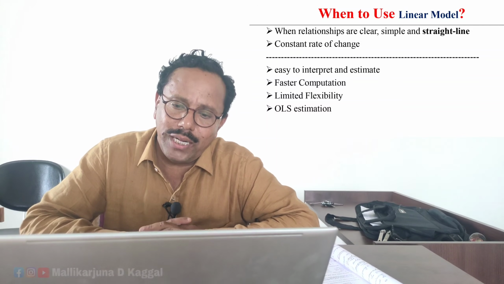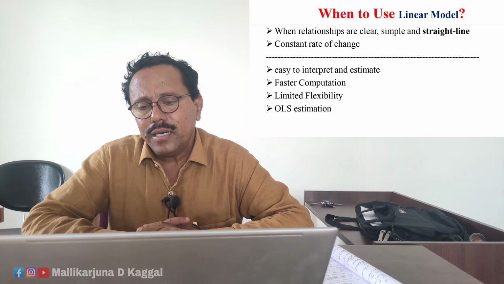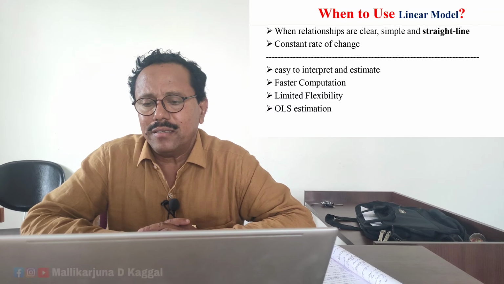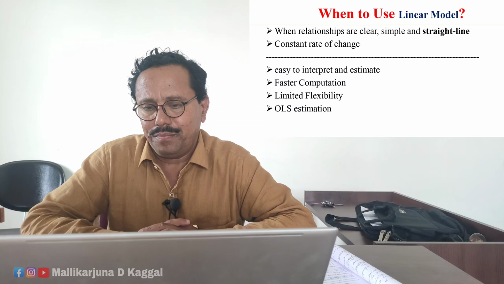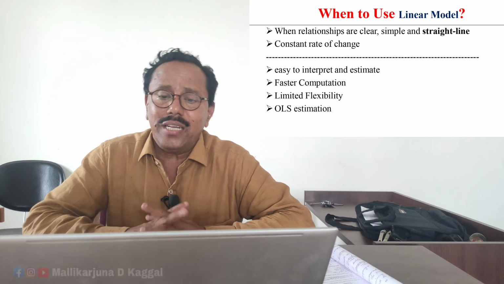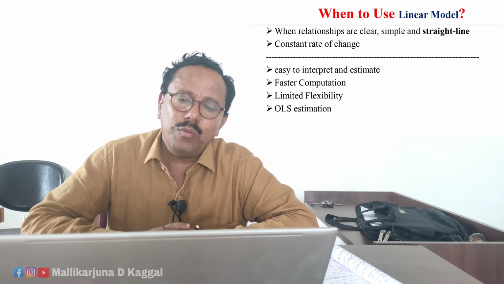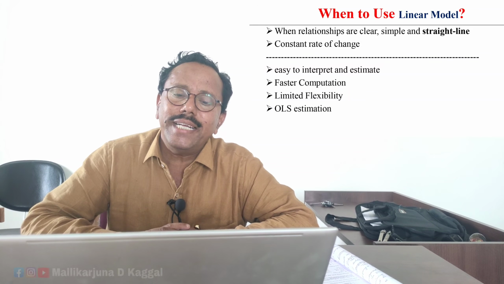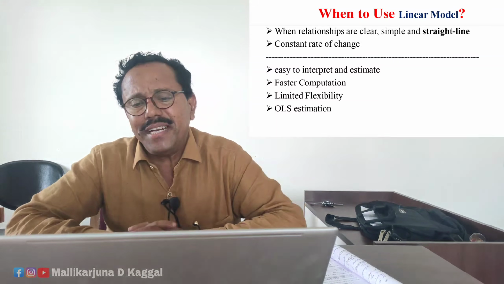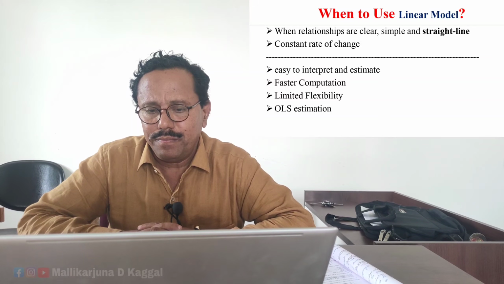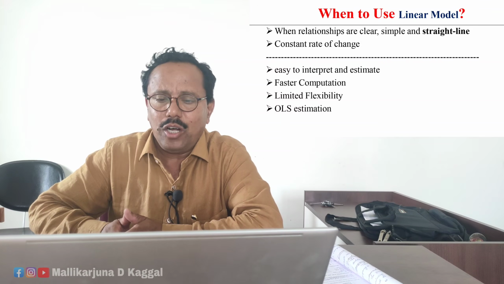So a linear model is one where the relationship between dependent and independent variable is straight and constant. Again, the residuals of these variables may not have any pattern; they are all random. One more characteristic of the linear model concerns the residuals. What are residuals? The difference between actual and predicted or expected.